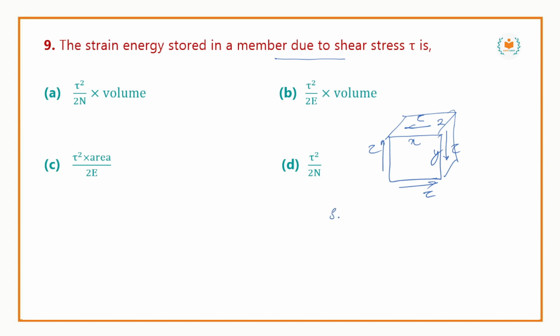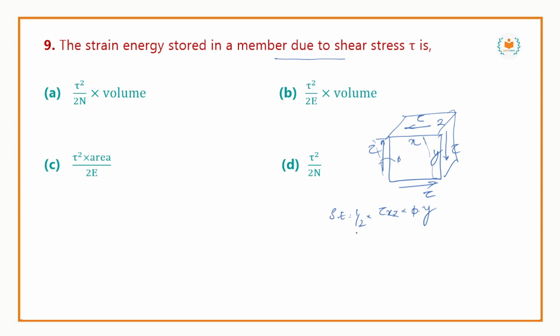the strain energy is again the area that we consider, half into the shear stress acting on the area of x into z, shear stress into the area acting, and the corresponding deformation, which we take in the form of phi into y, the angular deformation.